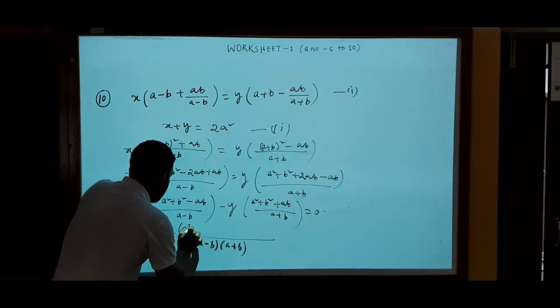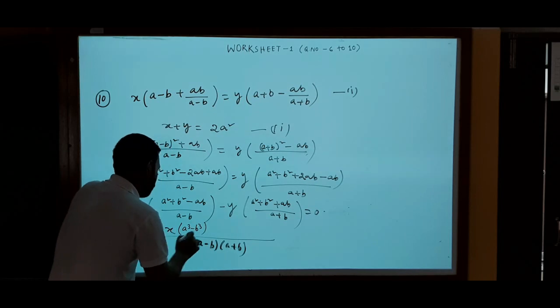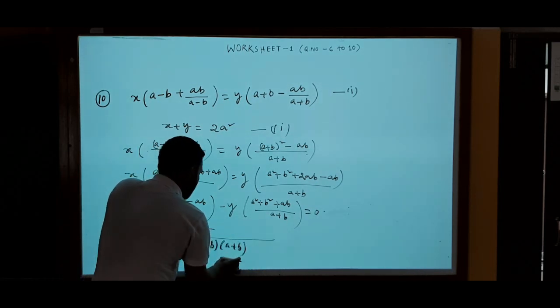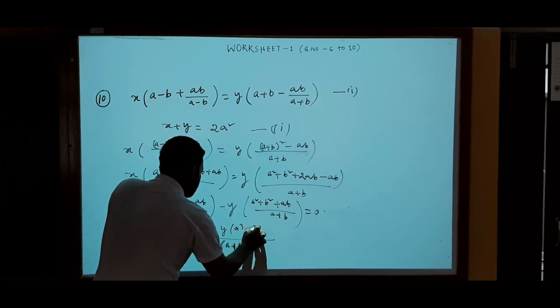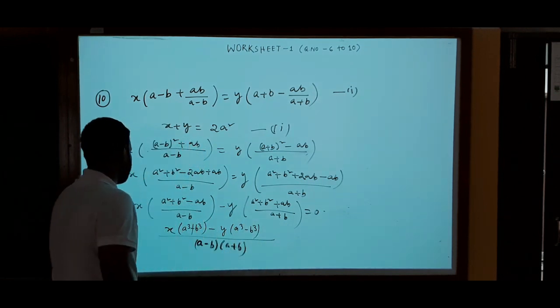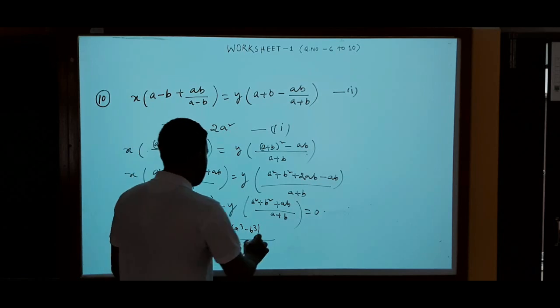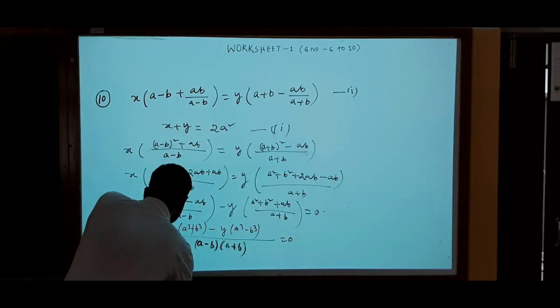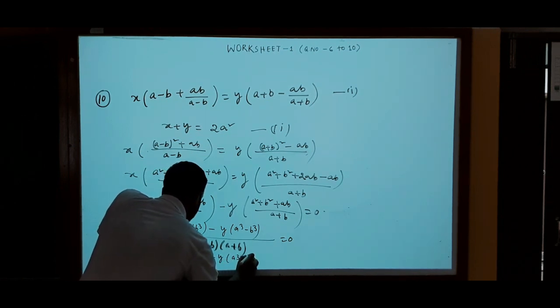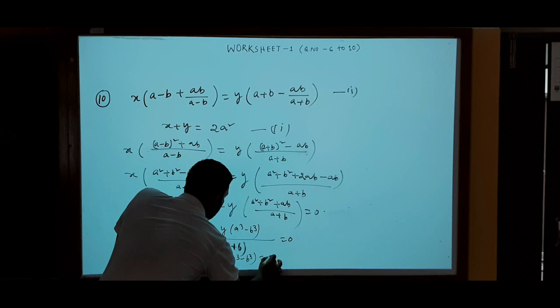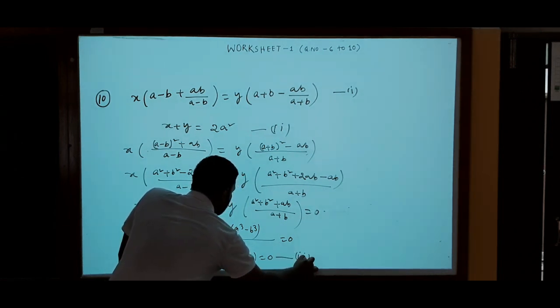So directly I can write a cube minus b cube. Here it is directly a plus b, a minus b, y into a cube minus b cube. That is a cube plus b cube. Okay, equal to 0. X a cube plus b cube minus y a cube minus b cube equal to this into entire term equal to 0, and this is our equation number 3.